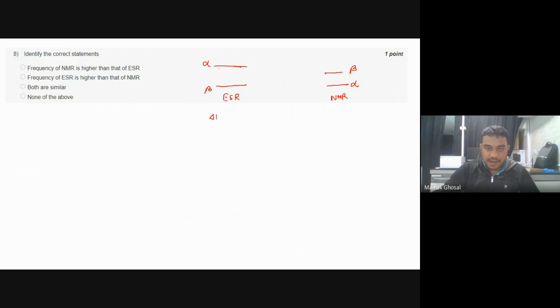So if you find, for each case, the energy expressions I have given you in the previous question, and you just put them in with certain approximations, you will find that the delta E for ESR will be large. Okay, and also the delta E for NMR will be low.